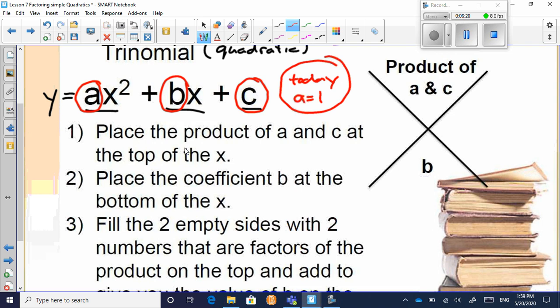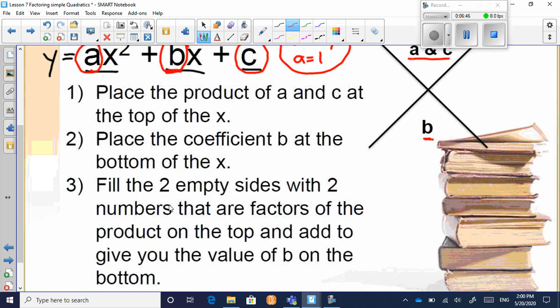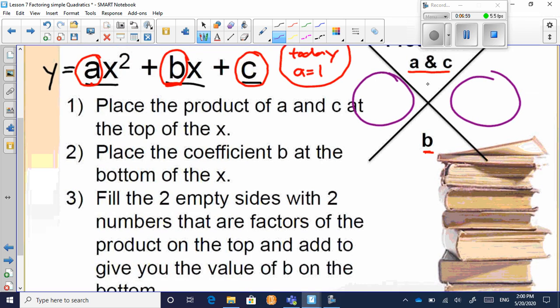You put a little X on your page, and then you multiply A times C, and you put it up in this part of the X. You take the B term, and you put it down here in the bottom part of the X. So place the product of A and C at the top of the X, place the coefficient B at the bottom of the X. Here's the whole key: you're trying to fill in a number here and a number here, and those two numbers have to multiply to give you the number up top, and they have to add to give you the number down below.